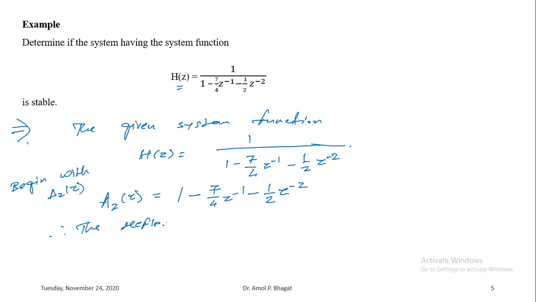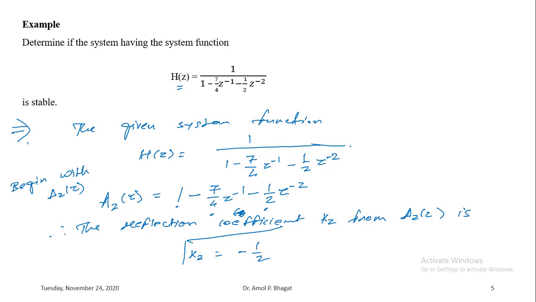Therefore the reflection coefficient k2 from a2 of z is, so the value of k2 is equal to minus 1 by 2, right? Because these are nothing but the coefficients. So here the first coefficient is 1, the second one is minus 7 by 4, and the third one is minus 1 by 2.